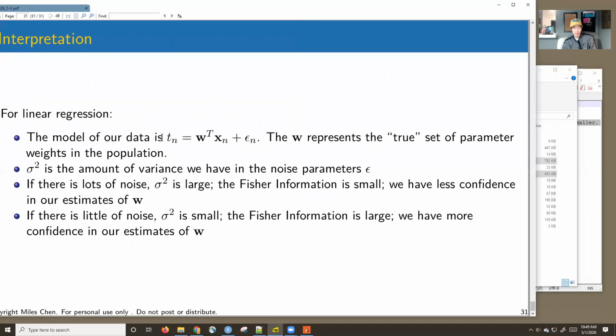Okay. All right. So just a little bit of interpretation here. The model of our data is this. And sigma squared is the variance of the noise parameter epsilon. So this is kind of the true relationship. W is the true relationship for how we go from X to T. But then we also have the noise parameter epsilon. And if there's lots of noise, sigma squared is large.